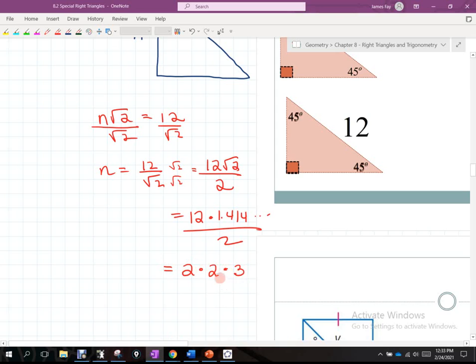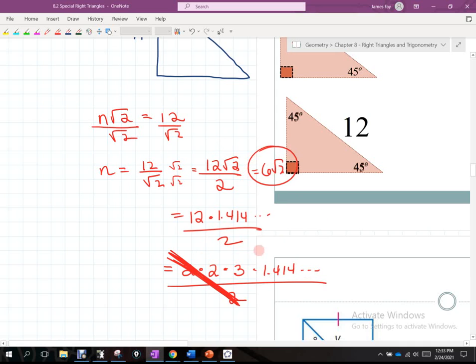Does that make sense? Times the 1.414 on forever, all over 2. Will those cancel? Does that make sense? And what are you left with? 2 times 3, 6, and then times this 1.414 number, which was radical 2, correct? So 6 radical 2 is the answer.